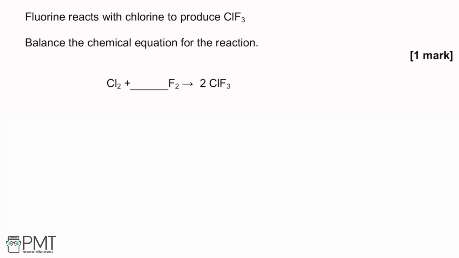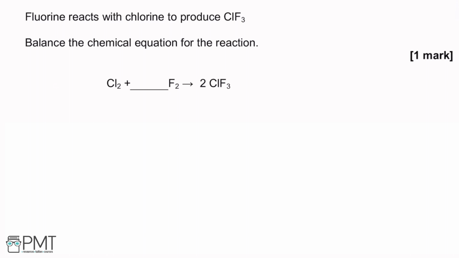Fluorine reacts with chlorine to produce ClF3. Balance the chemical equation for the reaction. So we've got Cl2 plus something F2 makes 2 ClF3s. The way I would approach balancing this equation is to make a table.